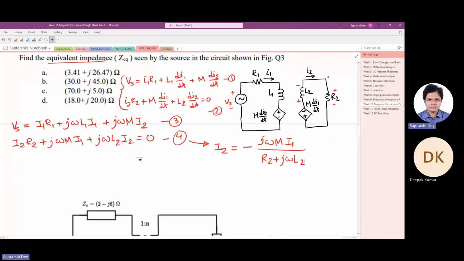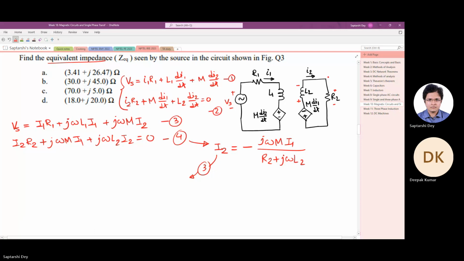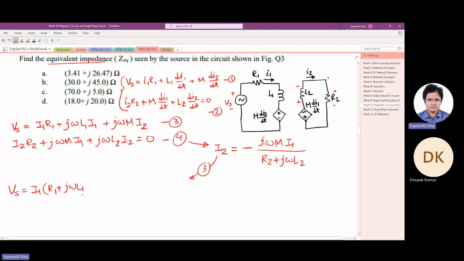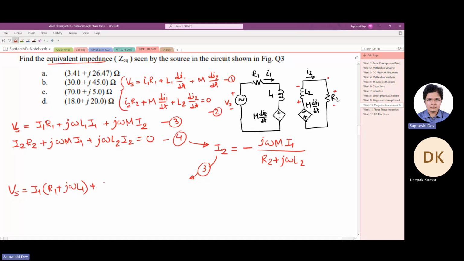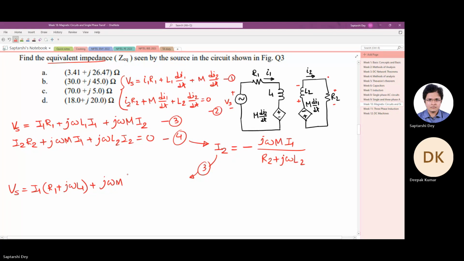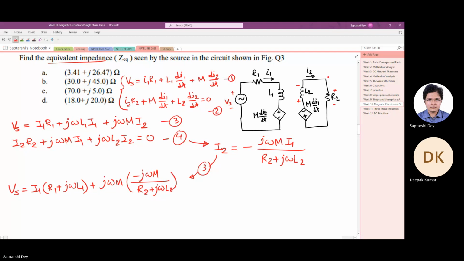Okay, this I put in equation 3. When I substitute I2 in equation 3, what we get is Vs equals I1 times R1 plus j omega L1 plus j omega M, replacing I2, minus j omega M by R2 plus j omega L2, I1.